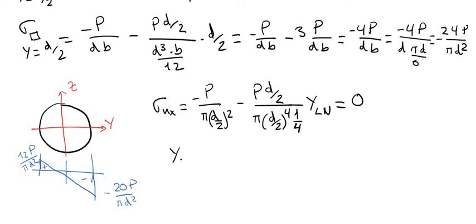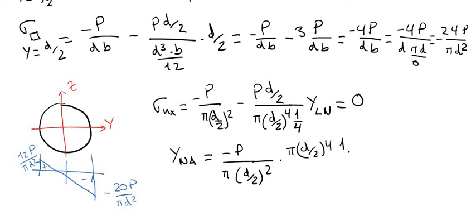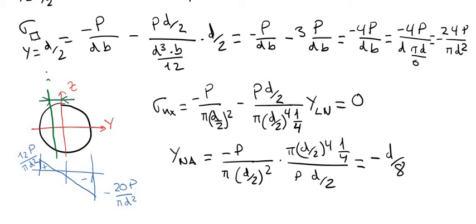Okay, so y of the neutral axis is equal to minus P divided by π(d/2)² multiplied by π(d/2)⁴ times 1/4 and divided by P d/2. This results in minus d divided by 8. Okay, so this is more or less the neutral axis, and this distance here is d divided by 8.